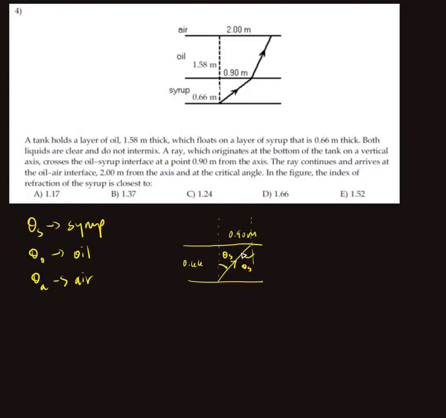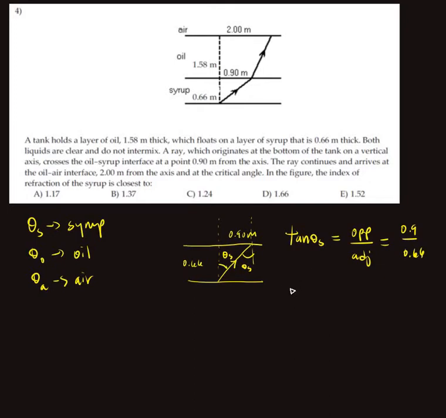So the first thing we're going to do is find this angle, theta s, the one for the syrup. If you remember, you have here the side adjacent, and this one the side that is opposite to the angle. The way we can find this angle is by using tangent, because tangent of that angle is equal to opposite over adjacent, which in this case the opposite side is 0.9 divided by 0.66.